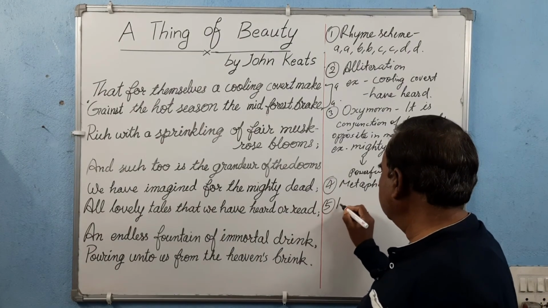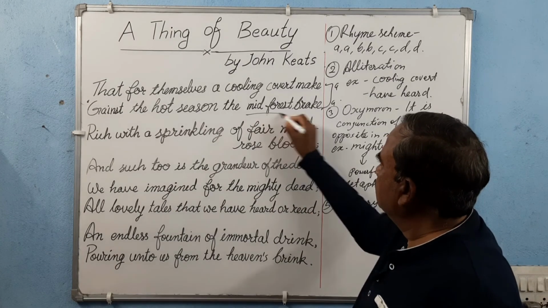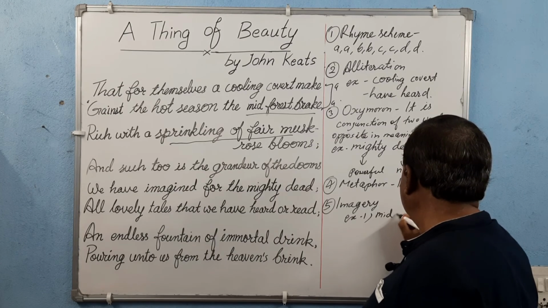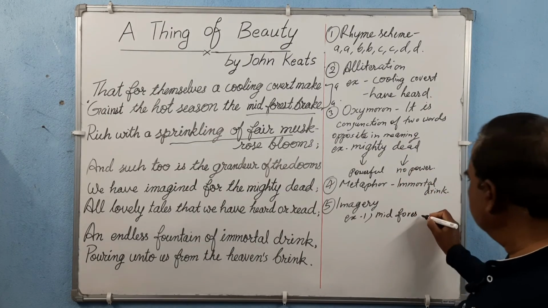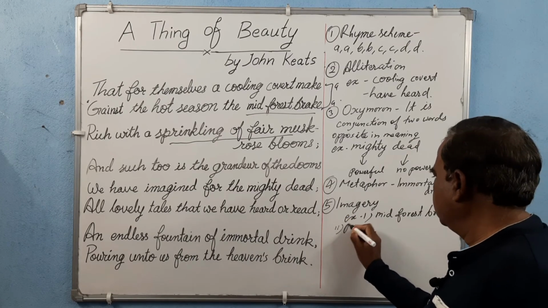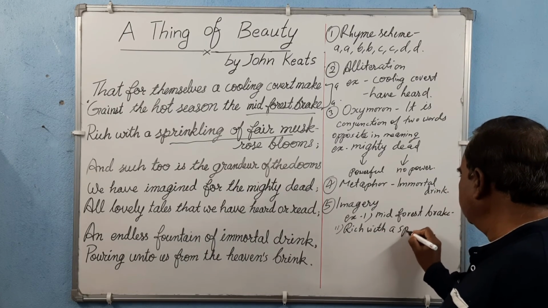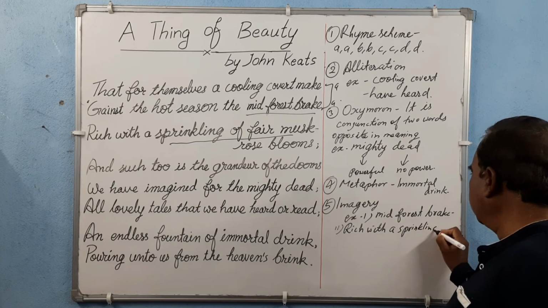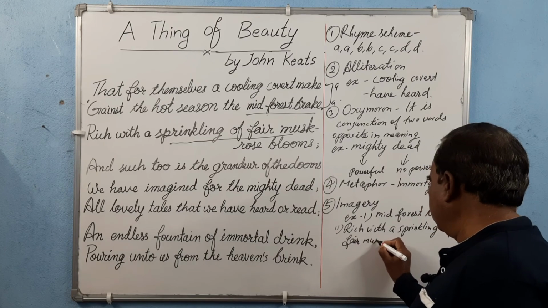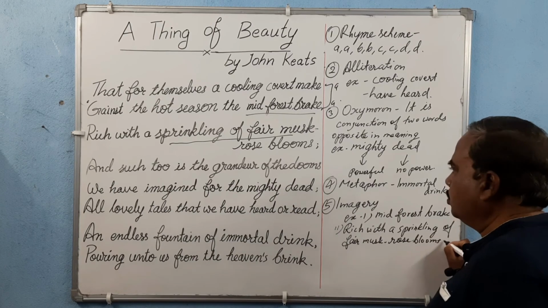Fifth poetic device is imagery. Example, mid forest break, rich with a sprinkling of fair musk rose blooms.